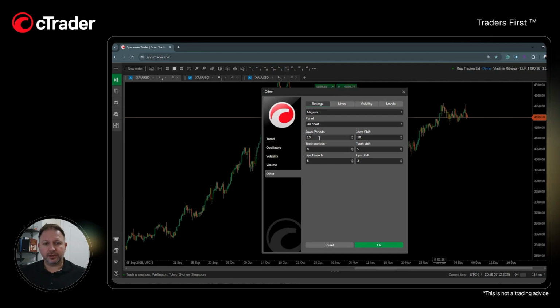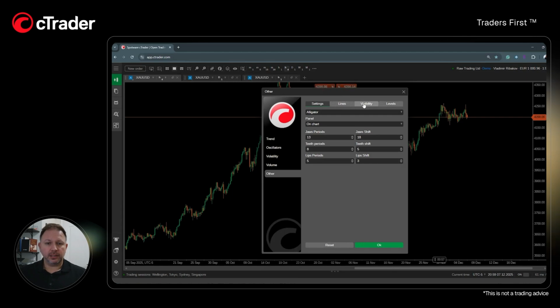The jaws refers to the 13 moving average with the shift of 18. The teeth period goes with 8 with the shift of 5, and the lips with a period of 5 with a shift of 3 to give smoother or faster changes.